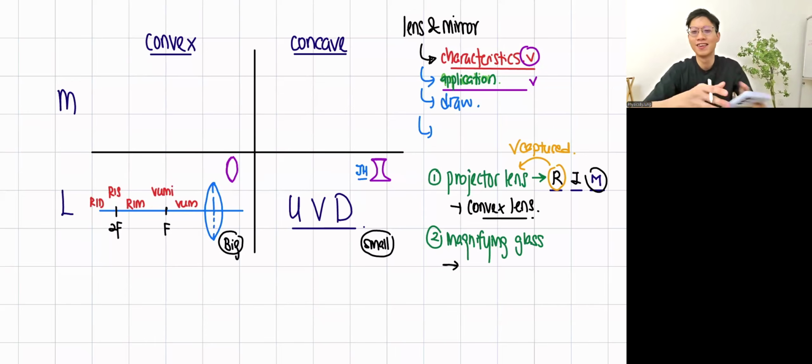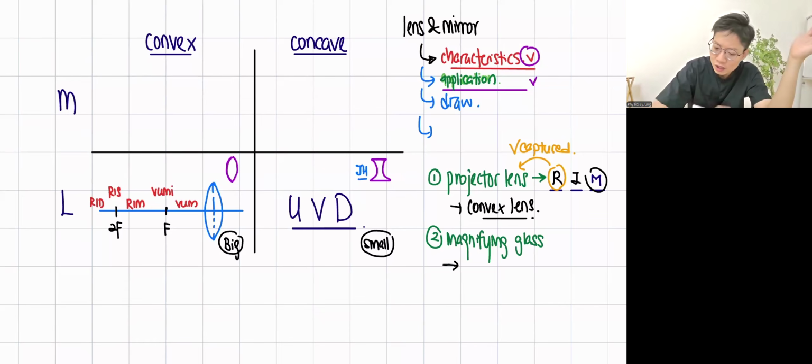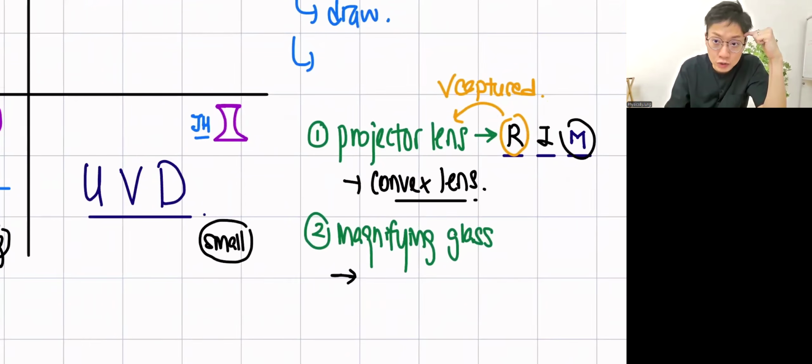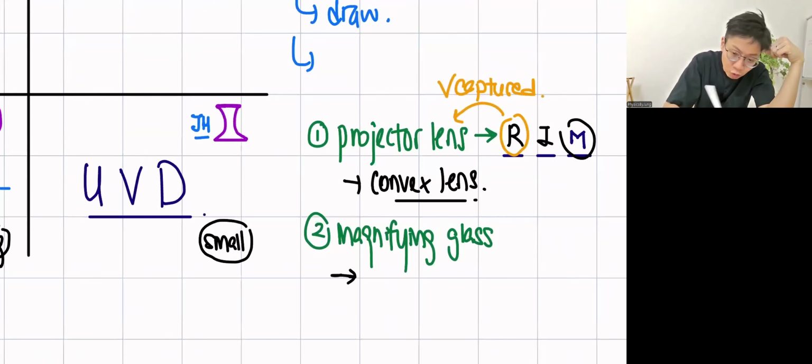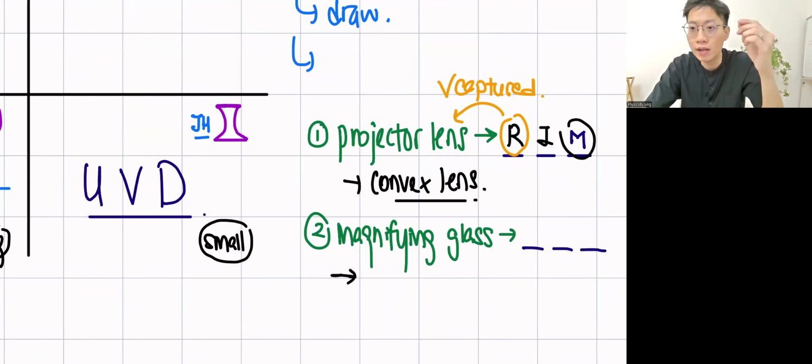Convex or concave? Okay, very good. Ziqing, Junqi, Li Wen, Clovis, very good. Xuan Hen, very good. So the answer is, now what you start to think is, how do I know what lens I want? Yes, Melissa. What lens I want actually depends on whether I want a bigger image or a smaller image, right?